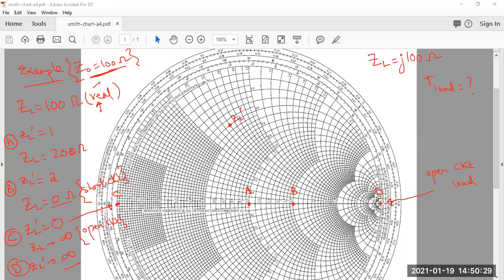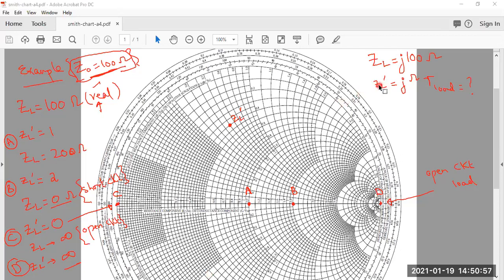So where is the location of this impedance on the Smith chart? First of all, we will normalize it. So ZL dash will be simply J. Where is this value on the Smith chart? I have mentioned this point before, but let me mention it again.